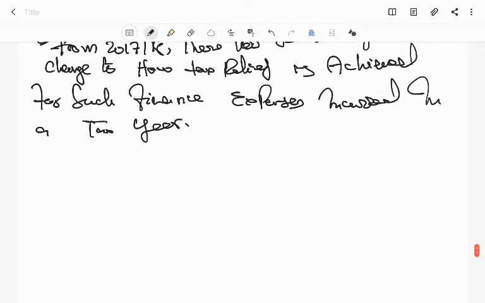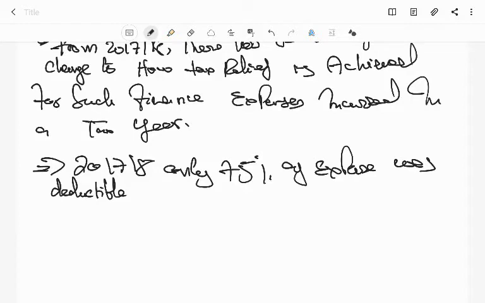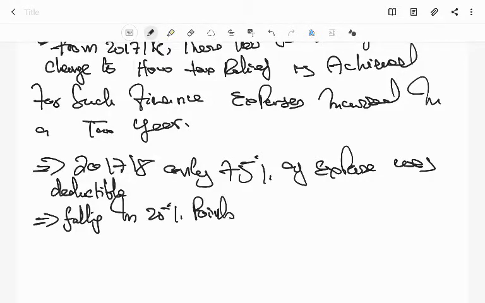So let me repeat this one again: in 2017-18 only 75% of expense was deductible, falling in 25% points to 0% from 2020-21.